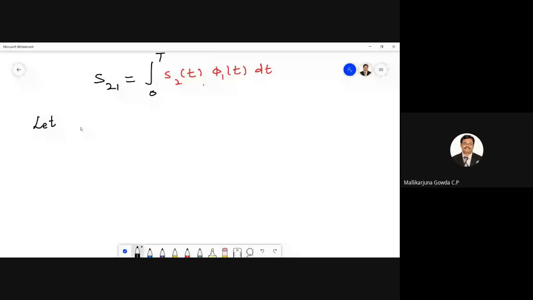So let G2 of t be equal to S2 of t minus S21 pi 1 of t. I am letting the intermediate signal, which I call G2 of t, be equal to S2 of t minus S21 pi 1 of t. So let me call this equation 7.